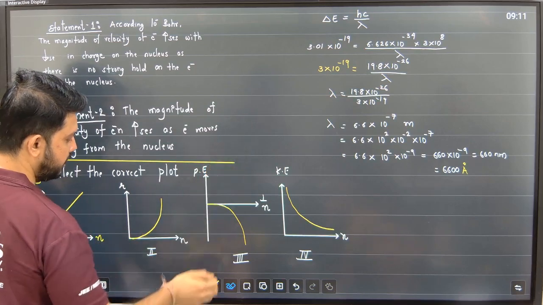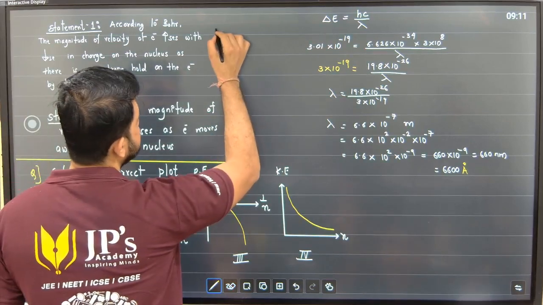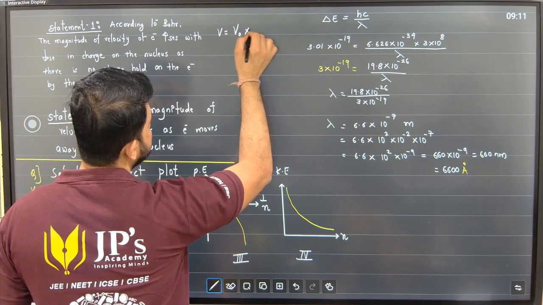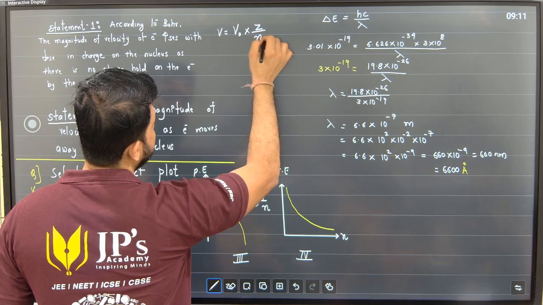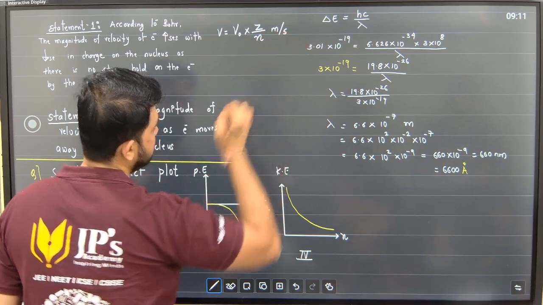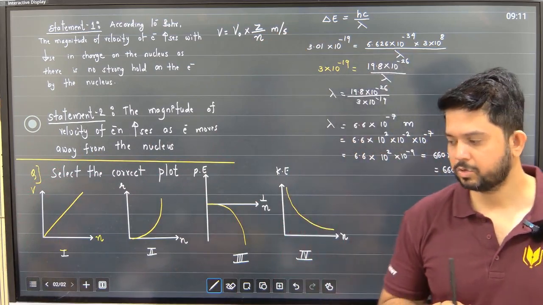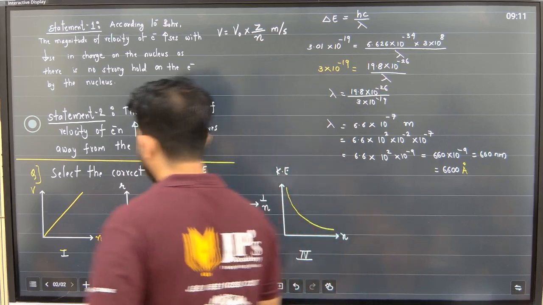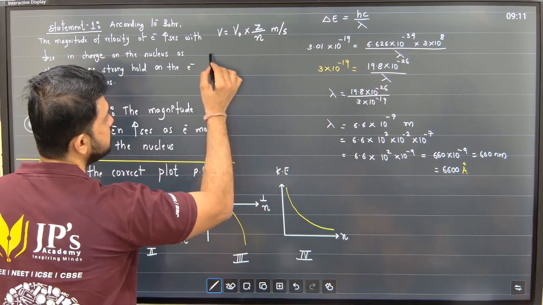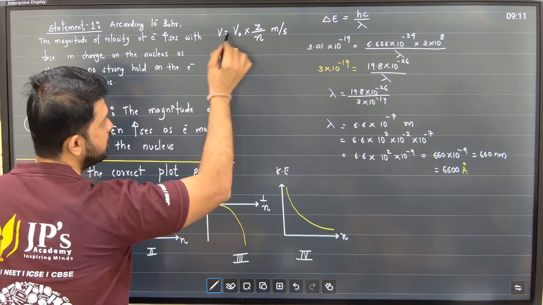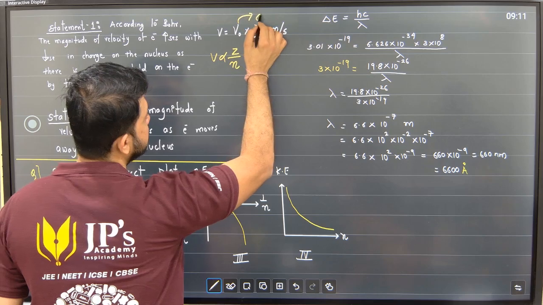The formula we had derived was that velocity is equal to v naught into Z over n. So can I say that v, the velocity, is directly proportional to Z over n? We know that v naught is a constant.